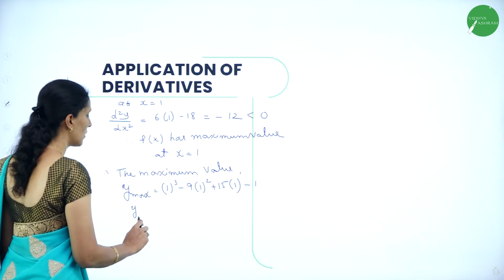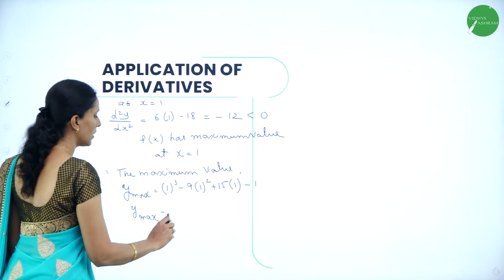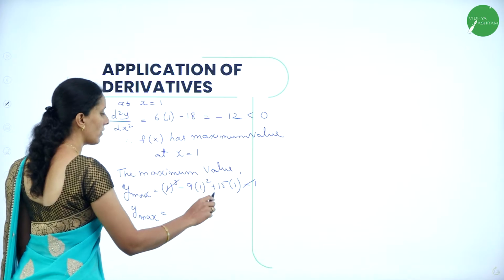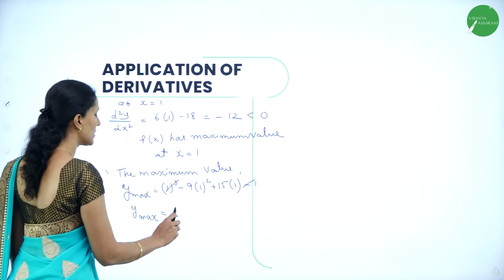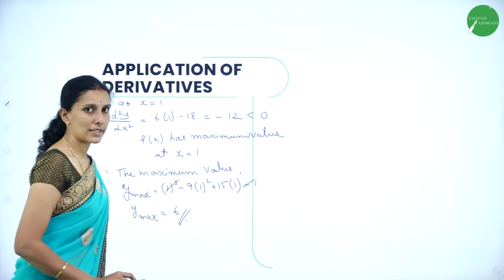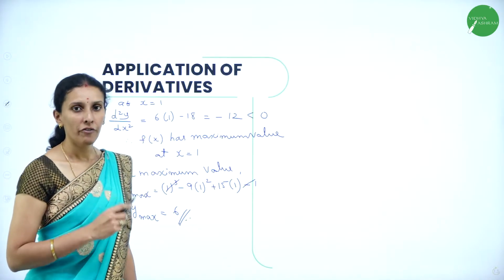Solve this. Y max is equal to, here you can cancel plus 1 minus 1, 15 minus 9, which is equal to 6. So this is the maximum value of the given function.